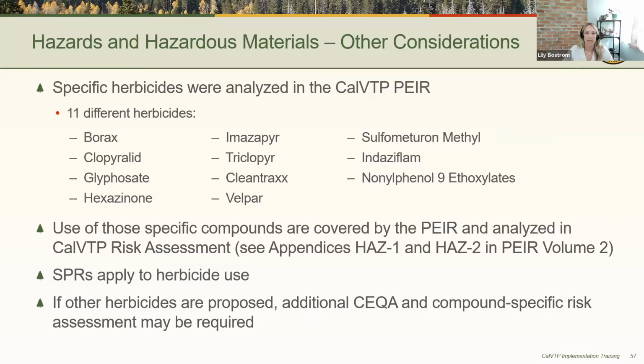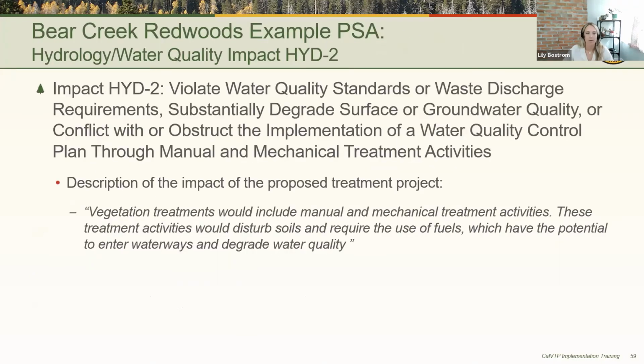So now I'm going to hand it over to Lara to talk about hydrology and water quality impacts. Thanks, Lily. I will continue looking at impacts of the Bear Creek Redwoods project as well. And I'll first walk through the project-specific analysis for Impact Hydro 2, which is an impact on hydrology and water quality.